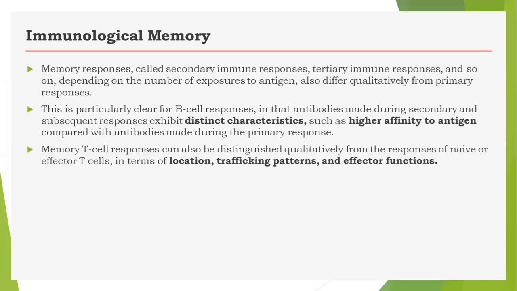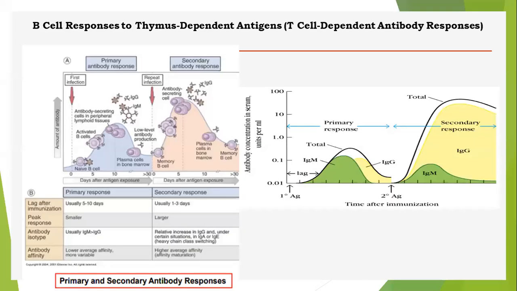Even the location is quite important, where the secondary responses, which are the memory-mediated responses, and the primary responses happen. So the location and the effector mechanisms also differ between the primary and secondary responses to an infection. And as we remember from one of our lectures, we tackled the first image, image A, and we talked about the arrival of a primary infection.